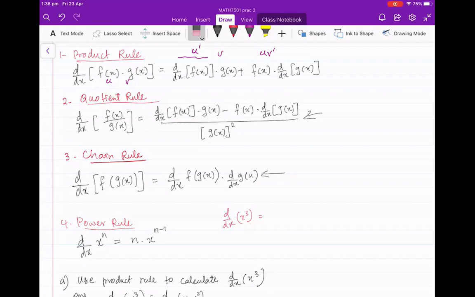Okay, how would we go about with the derivative of x cubed? Just using product rule.